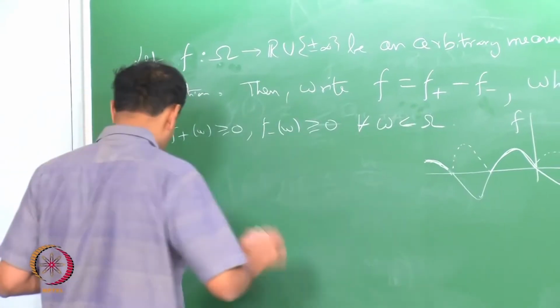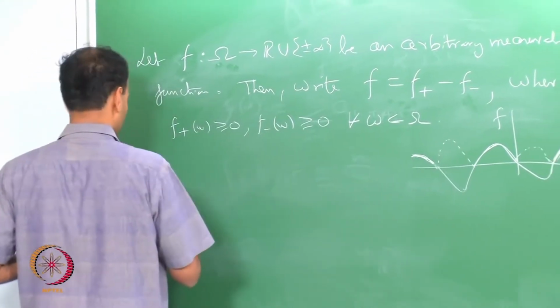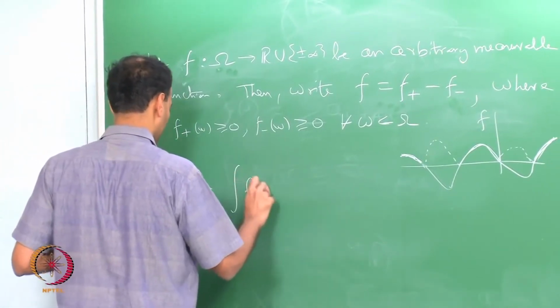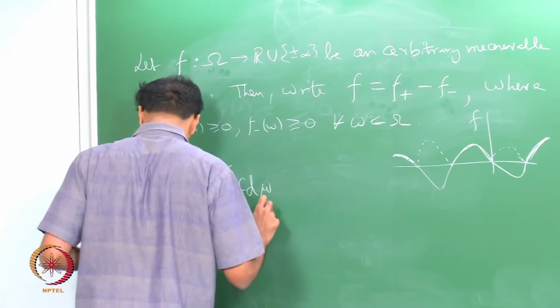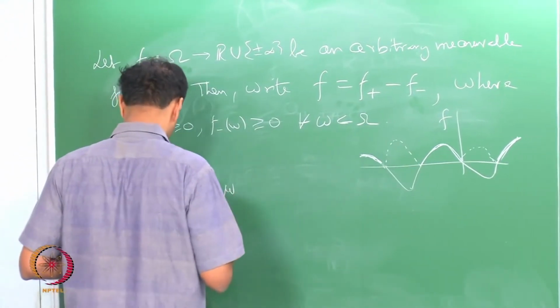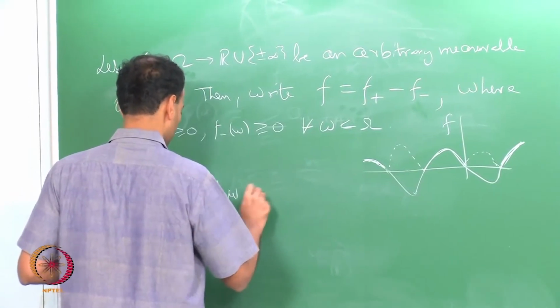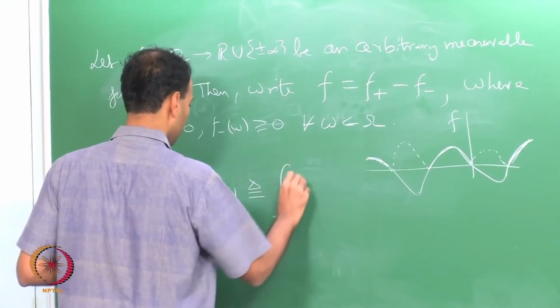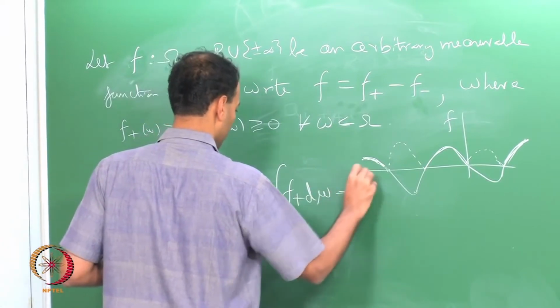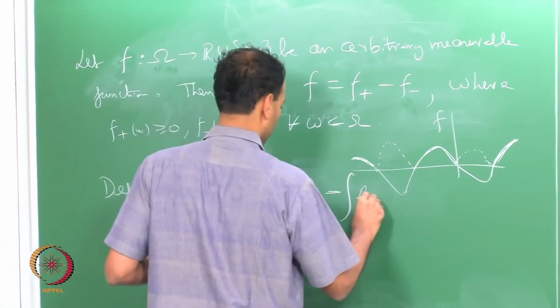Now, I am going to do something very logical. Define integral f d mu as integral f plus d mu minus integral f minus d mu.